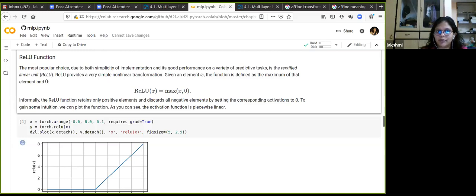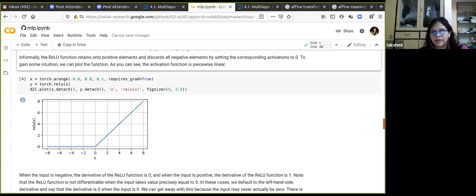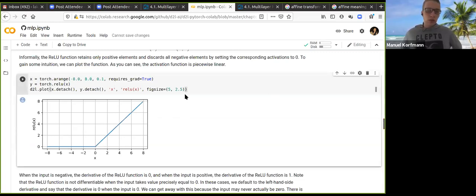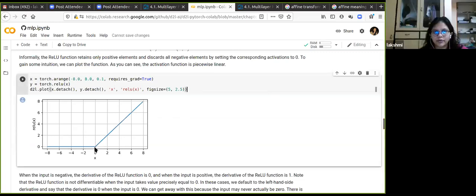To gain some intuition, we can plot the function. As you can see, the activation function is piecewise linear. So here, if you see, we have only two kinds of values: it is either 0 or anything greater than 0.